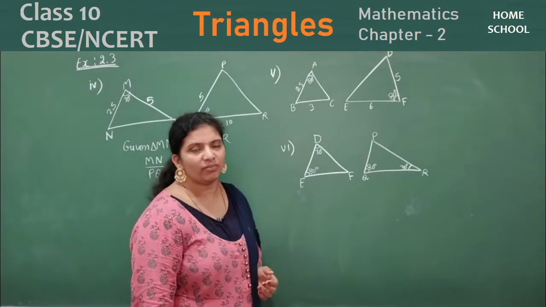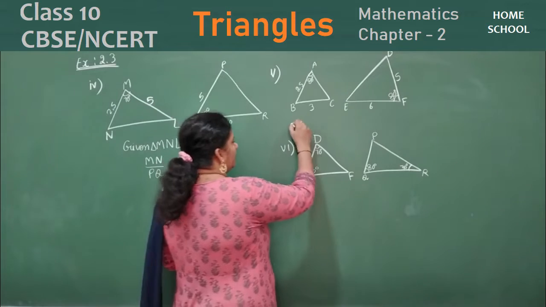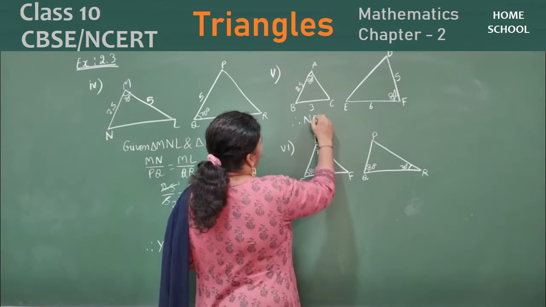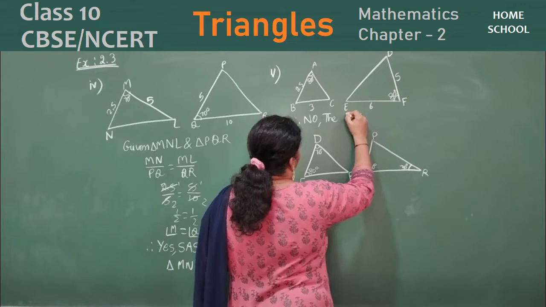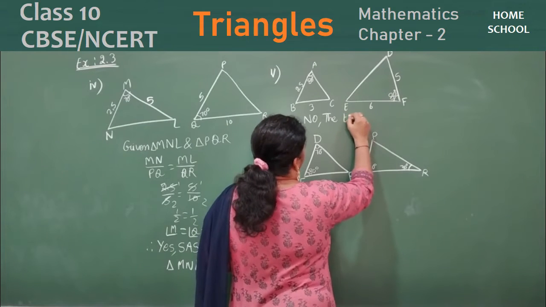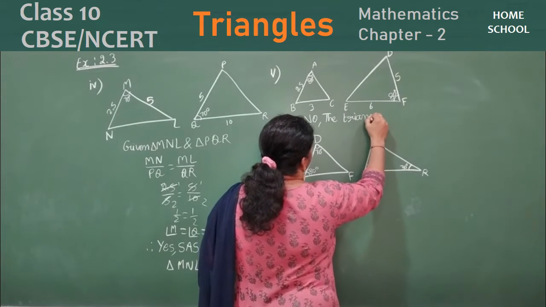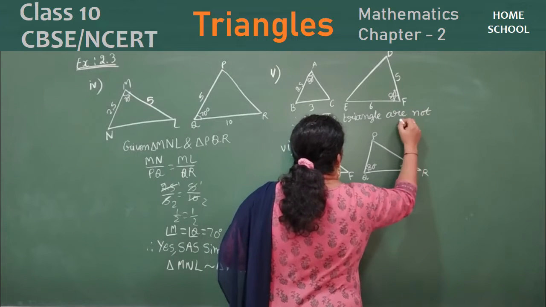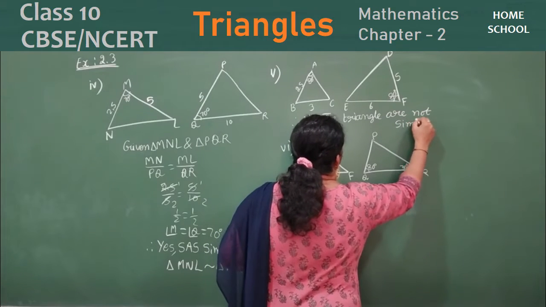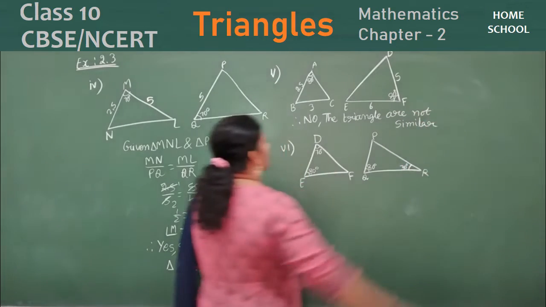So I cannot compare this. Therefore, the given two triangles are not similar. Are they similar? No, they are not similar.